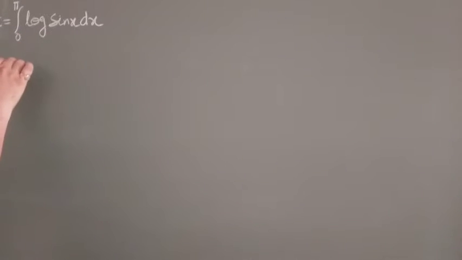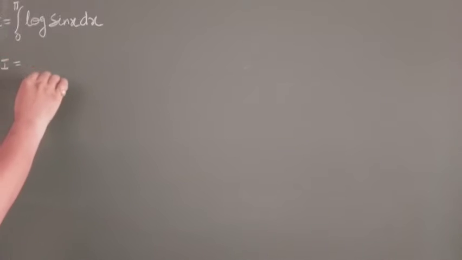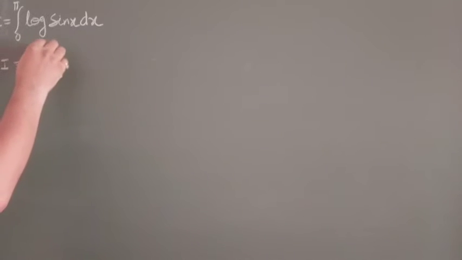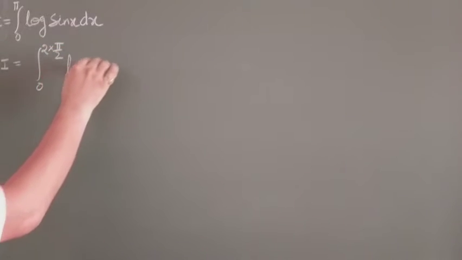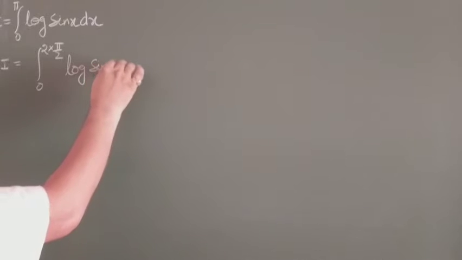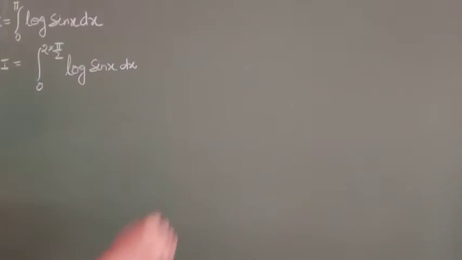Now students, I equals the integral from 0 to pi of log sin x dx. We can write this as the integral from 0 to 2 times pi by 2 of log sin x dx. Now we are going to use the property 0 to 2a. Pi by 2 is supposed as a.